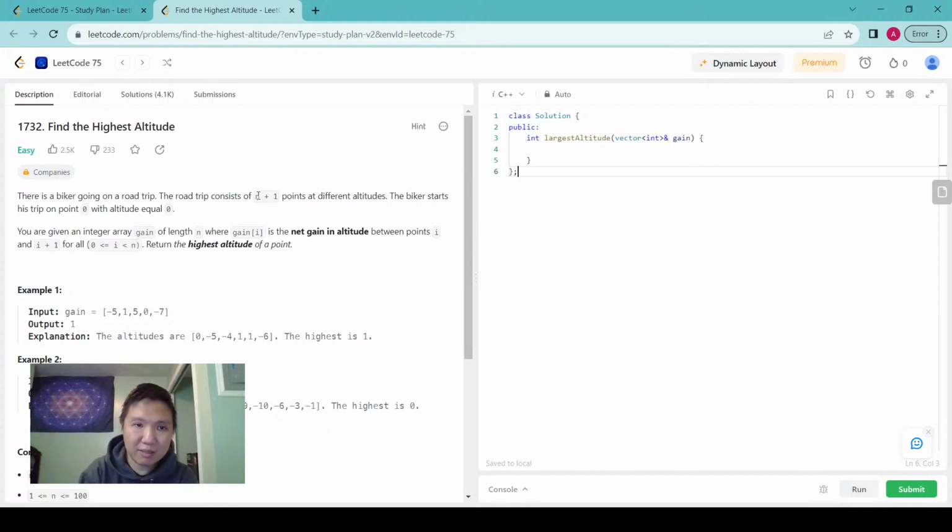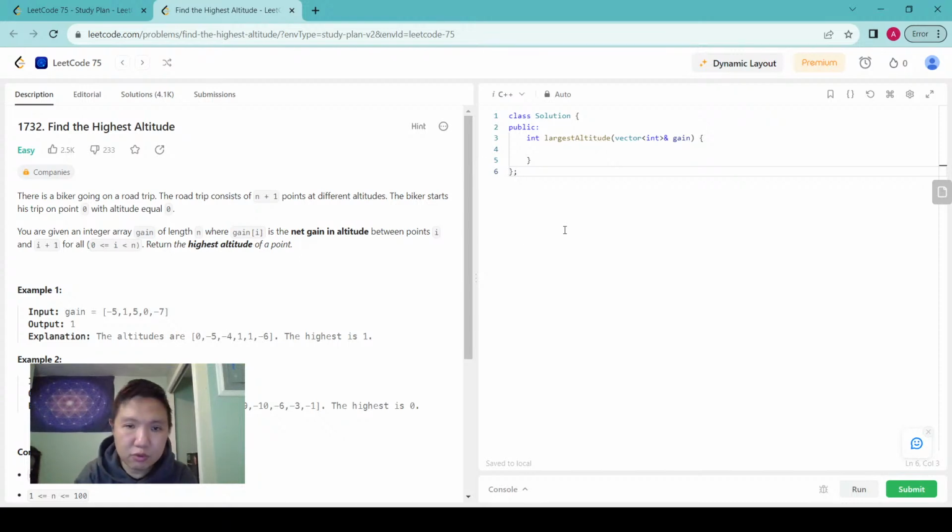So the reason why this is n plus 1 for an array of size n is because the gain is between any 2 points. It's basically an interval between 2 points. Okay, so it's the net gain between i and i plus 1 for all i. Return the highest altitude of a point.